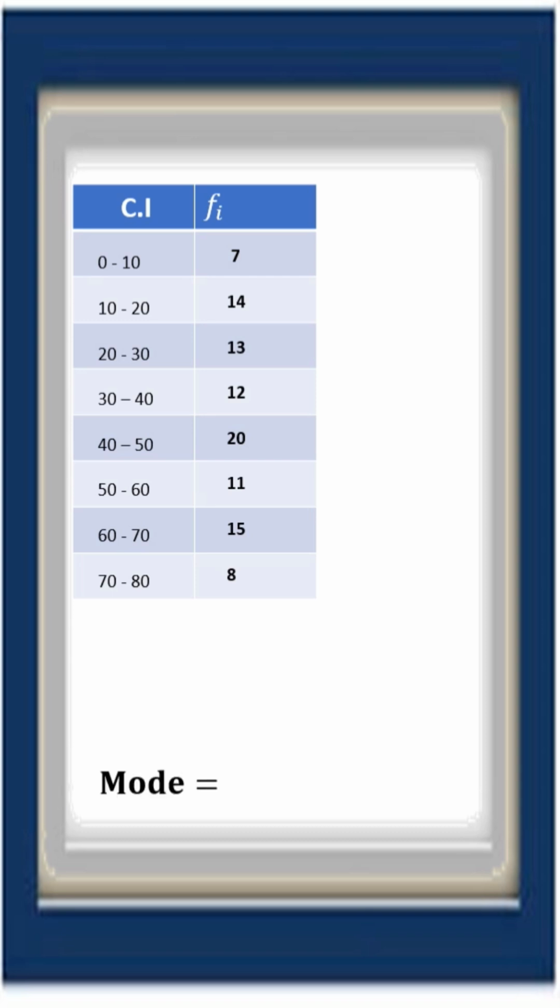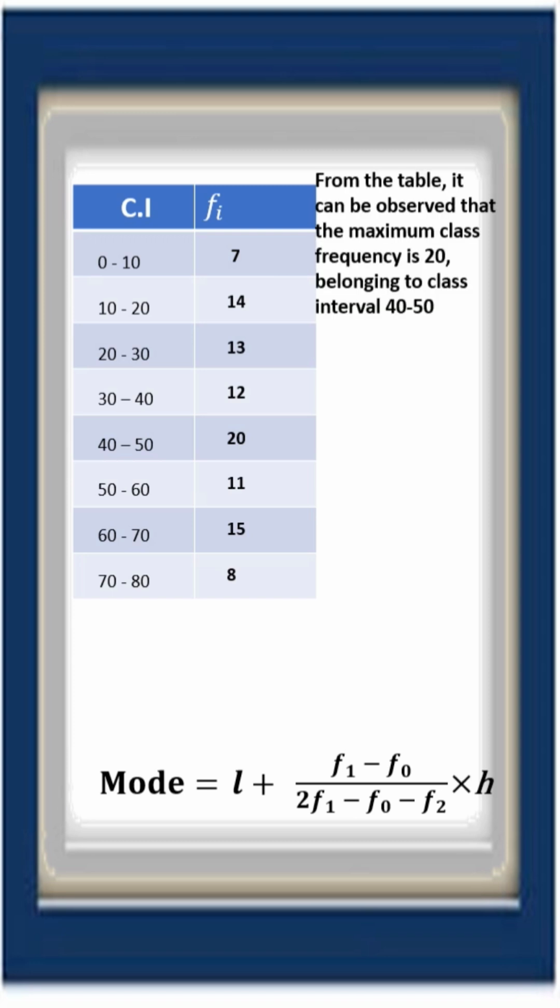Mode is equal to L plus (F1 minus F0) upon (2F1 minus F0 minus F2) into h. From the table, it can be observed that the maximum class frequency is 20, belonging to the class interval 40 to 50.